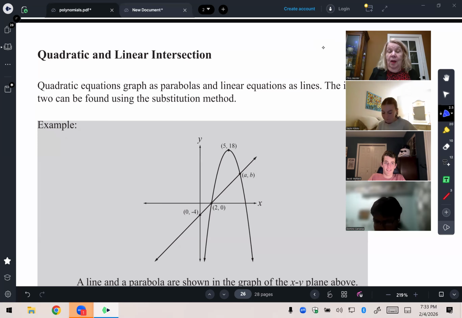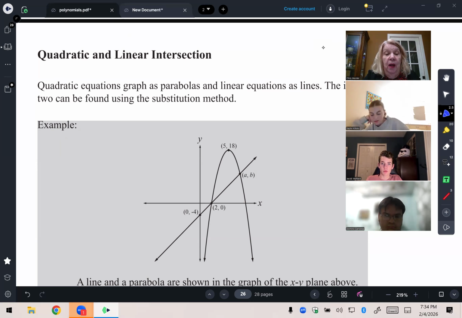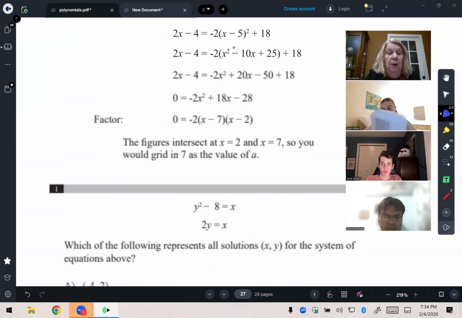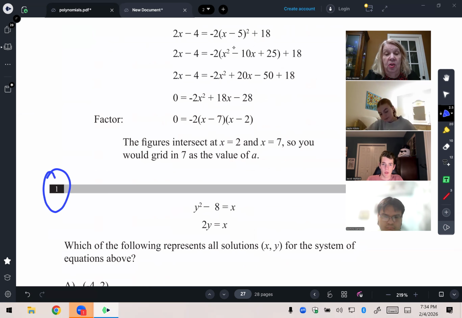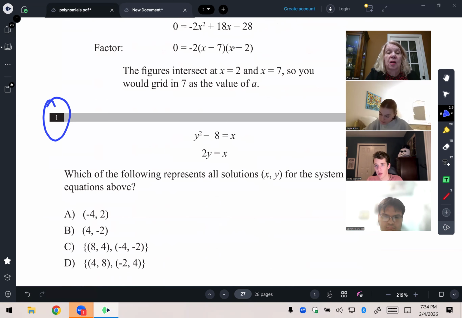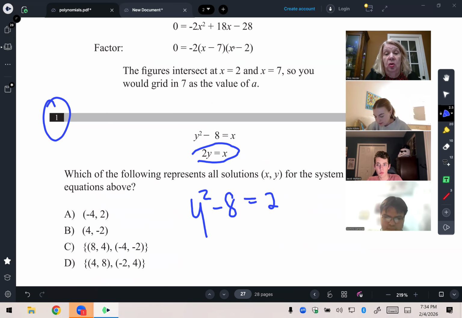Okay. You could get a quadratic cross with a line, and you could go to Desmos. Yeah, you could use Desmos or substitution, basically. So let's just try one problem here. Let's try number 1. We're almost home. So we'll have x is 2y. So we'll have y squared minus 8 equals 2y.